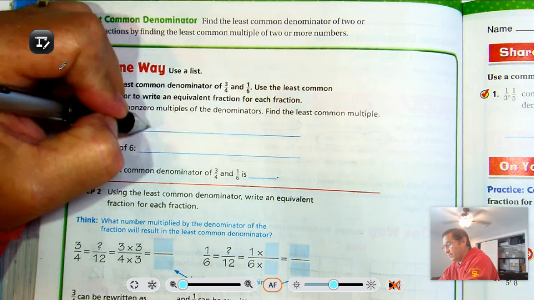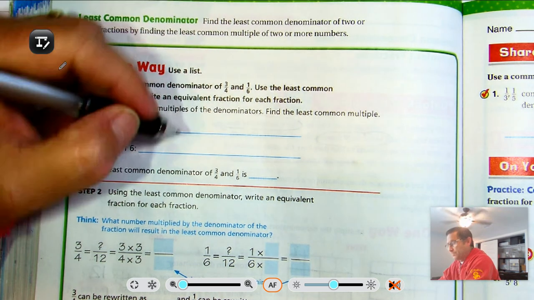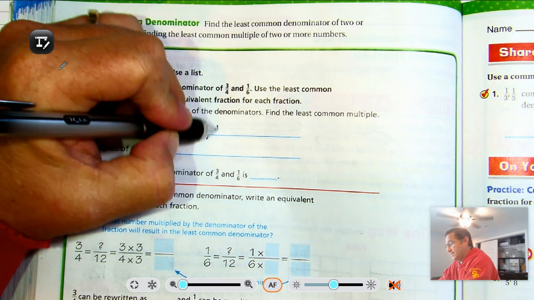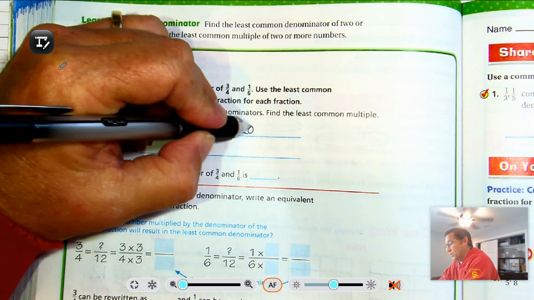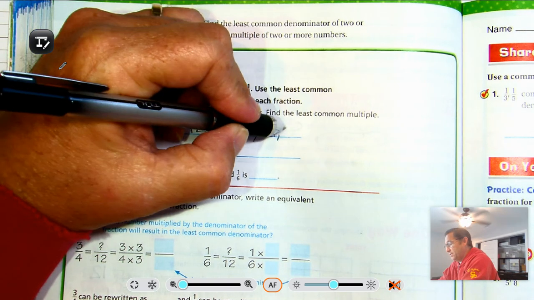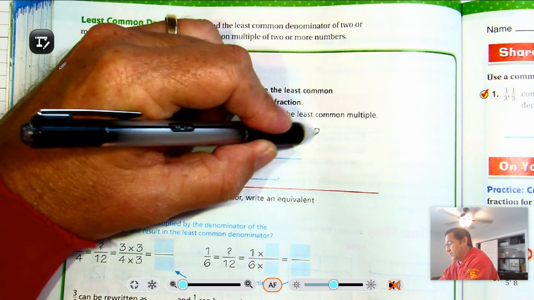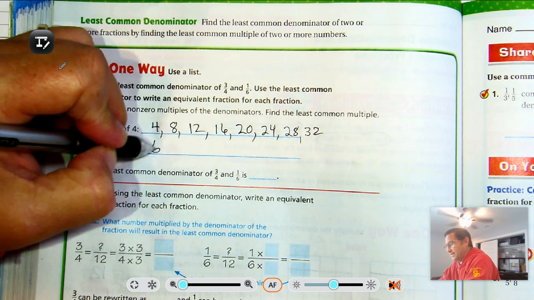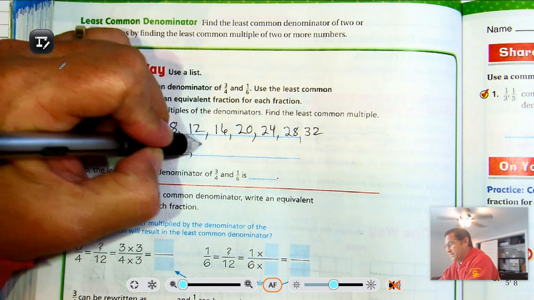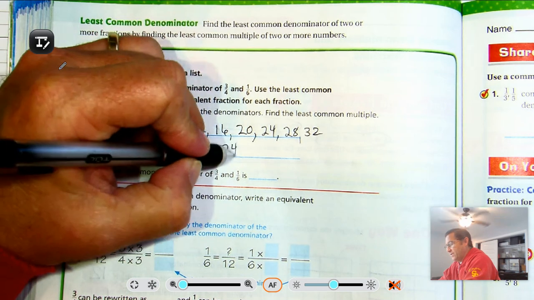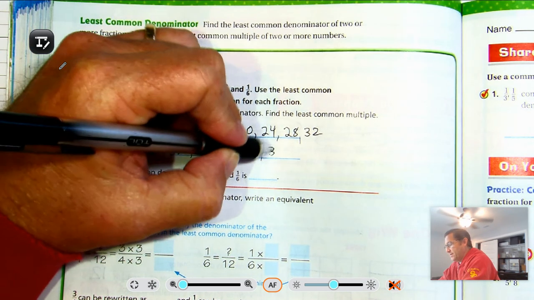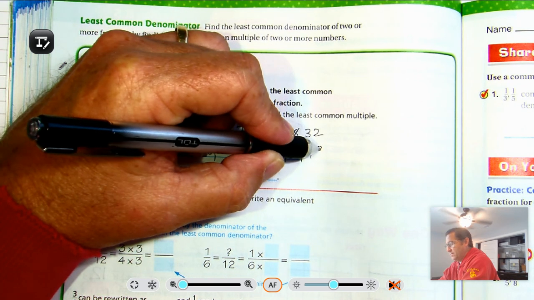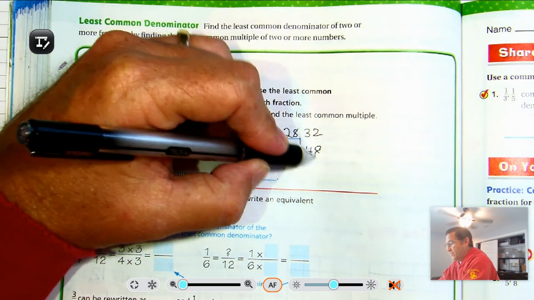So multiples of 4: 4, 8, 12, 16, 20, 24, 28, 32. Multiples of 6: 6, 12, 18, 24, 30, 36, 42, 48.